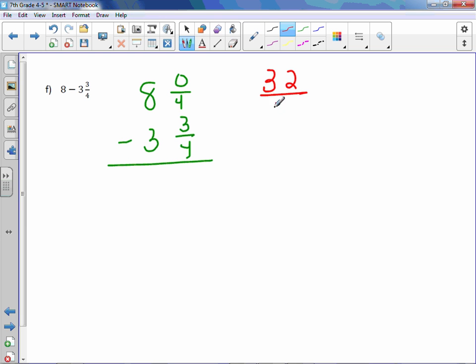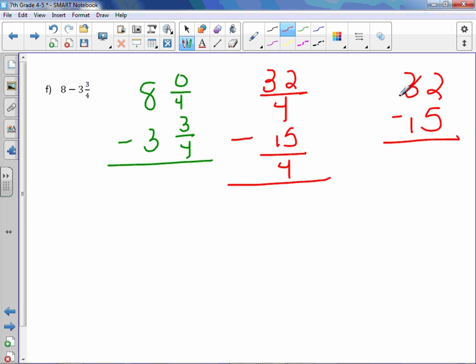So 32 over 4 minus 3 times 4 is 12, plus 3 is 15 over 4. And then subtract, and I'm going to do the subtraction off to the side. So we get 17/4. Change it back to a mixed number. 4 goes into 17 4 times with 1 remaining. So 4 and 1/4.